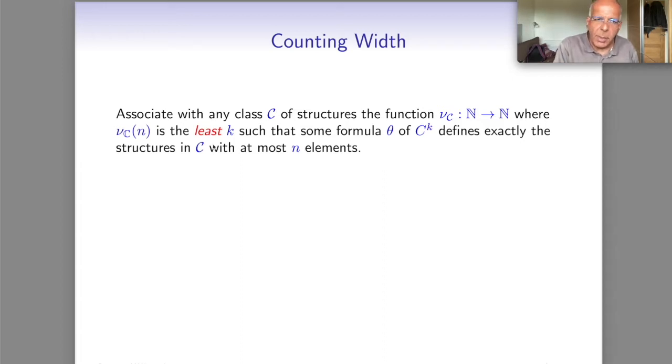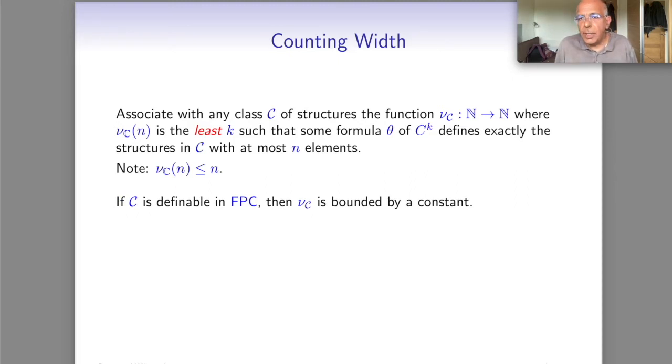This is basically the same thing as the smallest value of k, such that the class C restricted to structures with at most n elements is invariant under the equivalence relation associated with C^k. This is at most n, because you can show that if you restrict yourself to n elements, then C^n equivalence is the same as isomorphism on structures with at most n elements, and you can always take any definable class and express it by a single formula. Okay.